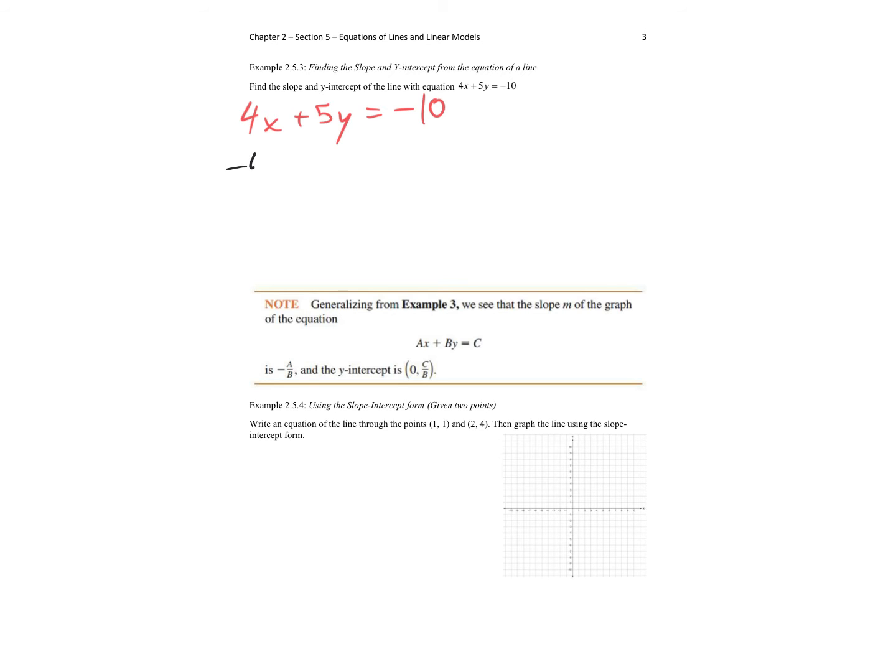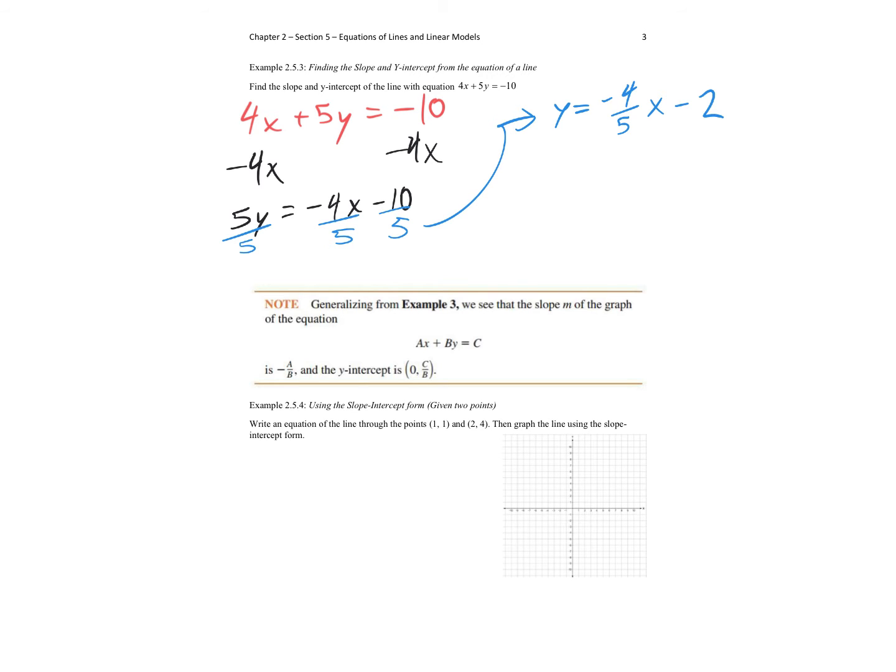So here we go, 5y equals -4x minus 10. Let's divide by that 5, and we get this. So now we have y equals -4 over 5 x minus 2.